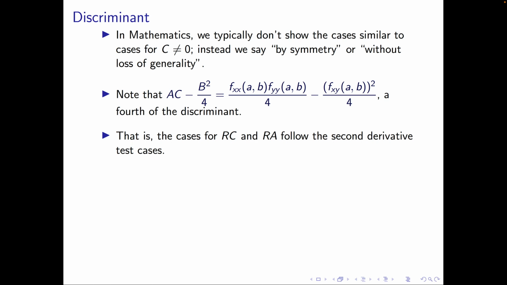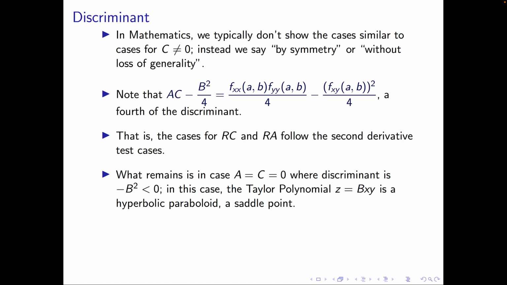What we didn't cover was when A equals C equals 0, when the discriminant is negative B squared, which is less than 0, and the Taylor polynomial z equals B times xy is a hyperbolic paraboloid.